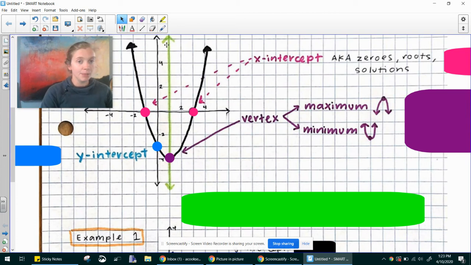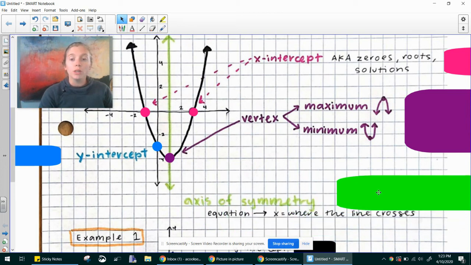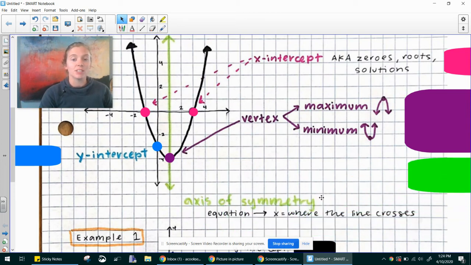It's always going to be a vertical line, and it's always going to go through the vertex because it's always dividing our parabola in half. The axis of symmetry, we are going to write equations for. So the equation of the axis of symmetry is always going to be x equals and then a number.